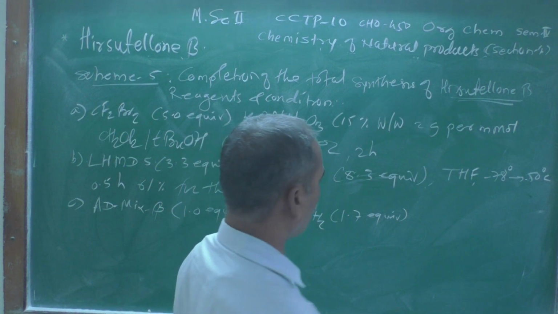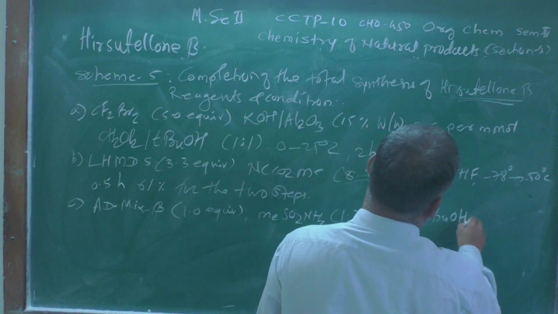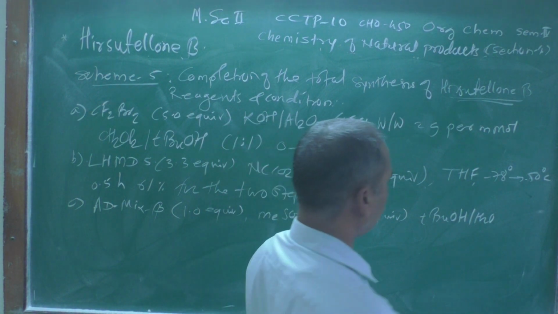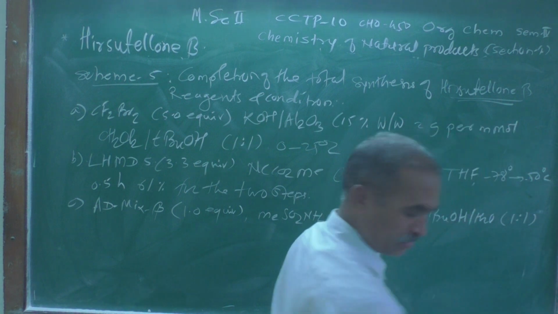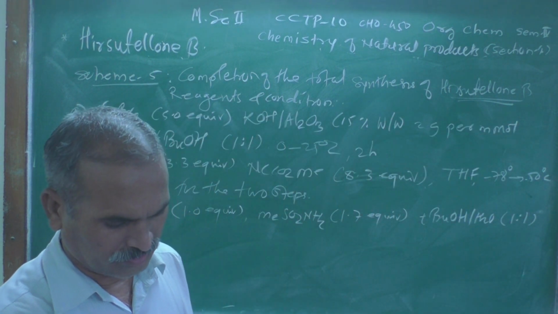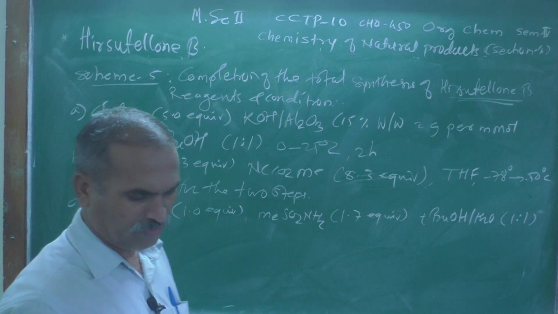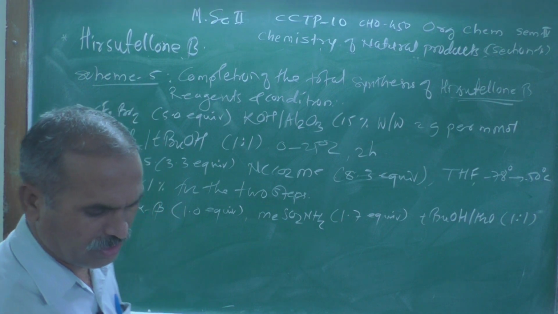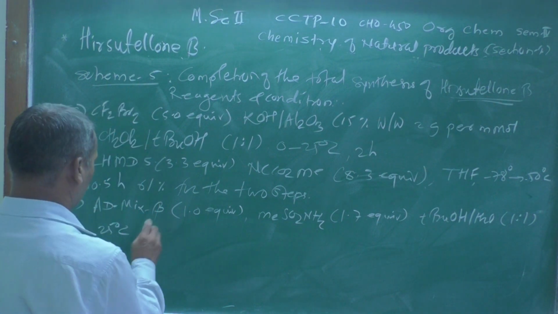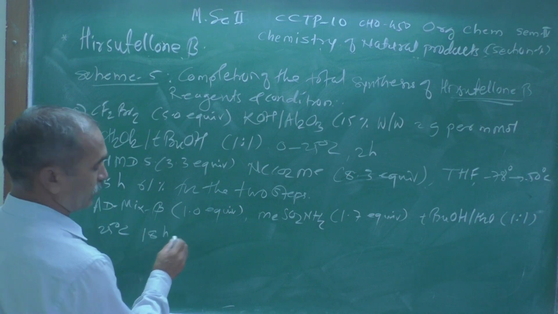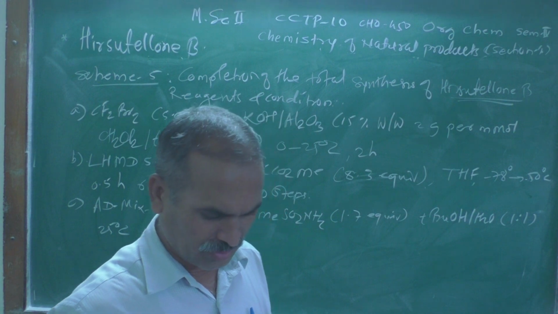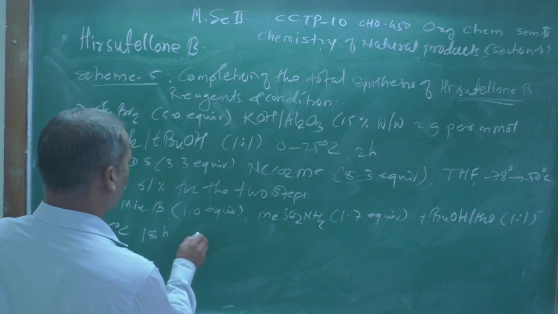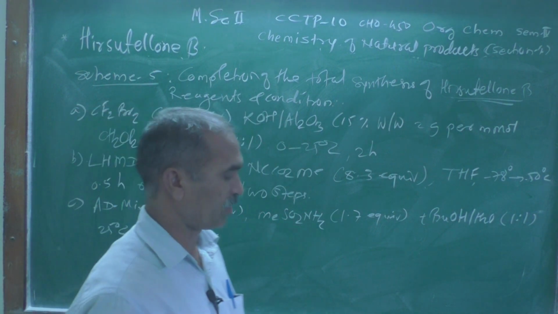The solvent is tert-butanol and water in a 1:1 proportion, at 25 degrees centigrade. This reaction mixture is stirred for 18 hours, and the overall yield obtained is 90%.